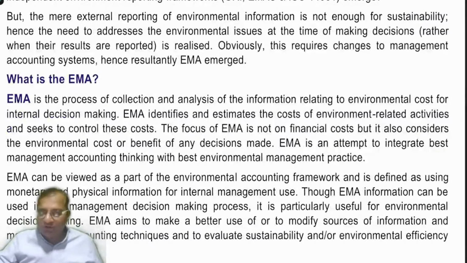Environmental management accounting. Now write down the definition part, beta. It's a very, very important definition. If you are having the red pen, use that pen to write the definition part. Please write down. We are writing the abbreviated name EMA.